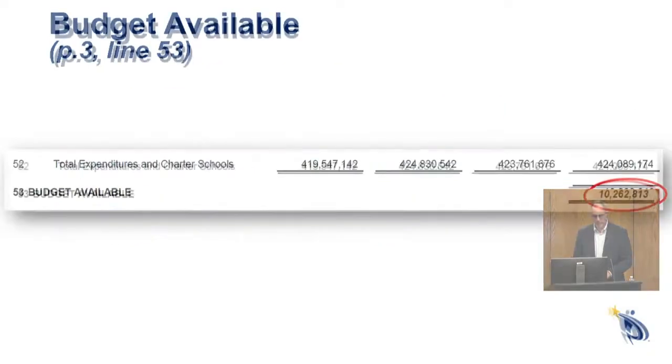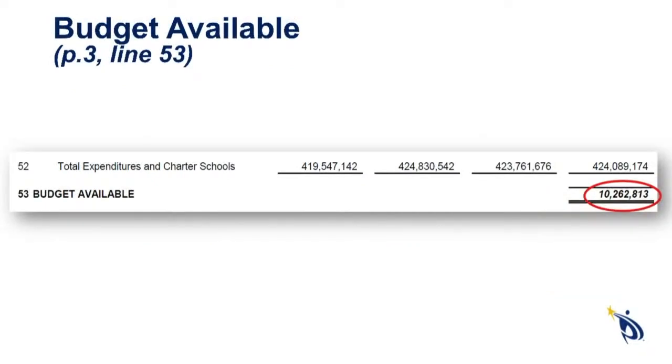Okay, we factor all of that in, you get to page 3, line 53, and real simple slide. Somebody in budget design team told me this a couple weeks ago: just tell me the number. What's the number, right? Okay, so right now that's the number we're looking at. When you look at the total overall revenue in the general fund versus those knowns and our current expenditure level, about $10.3 million available to work with.